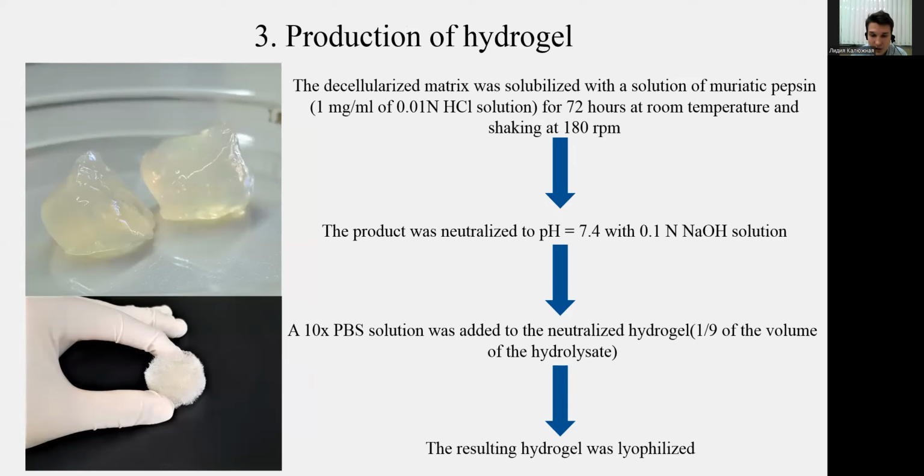Pepsin provides partial disintegration of protein molecules of the extracellular matrix, mainly collagen. The product is neutralized and phosphate salt buffer with a volume equal to 1/9 of the volume of the hydrogel solution is added to the resulting hydrogel. For long-term preservation, the hydrogel is lyophilized.